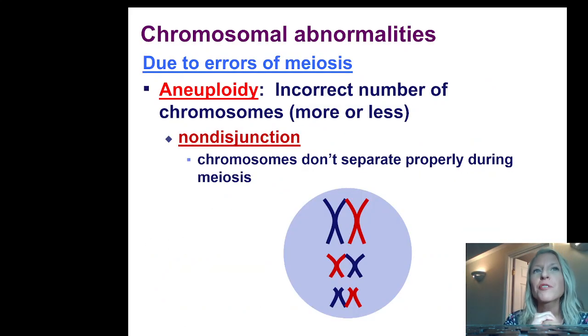Okay. Chromosomal abnormalities can be due to errors of meiosis. Aneuploidy is when you have the incorrect number of chromosomes, more or less, and this happens through non-disjunction, where chromosomes do not separate properly during meiosis.